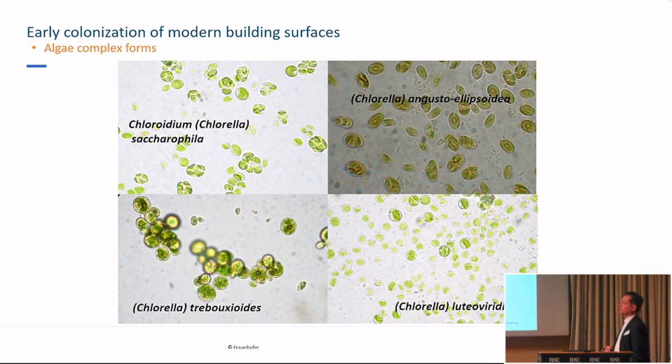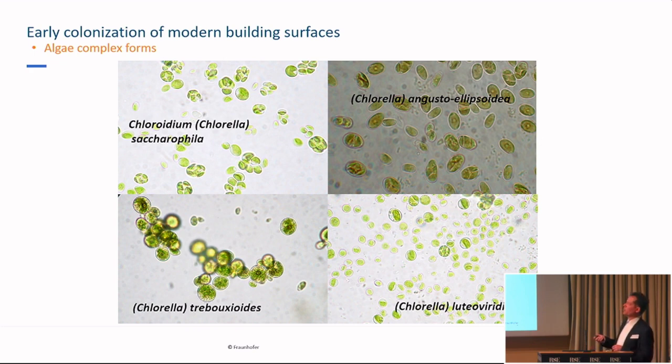But I just mentioned many of them look quite similar, and then we have also some critical forms. In this case, you may call it the alga formerly known as Chlorella, because many of them now have been assigned to other genera and have been further divided.